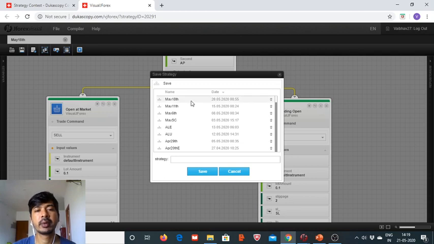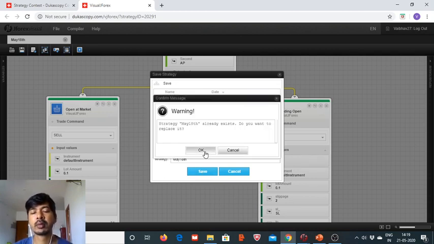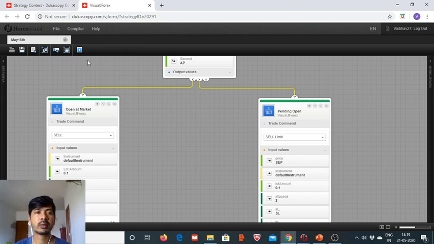So we draft. Then we export the file to the Visual JForest platform.